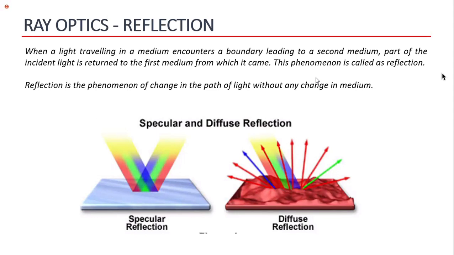So there are two types of reflections. One is specular reflection, the other one is diffuse reflection. Specular reflection means your surface is very smooth, and a diffuse reflector surface is an uneven surface. Clear? Shall I go to the next slide?